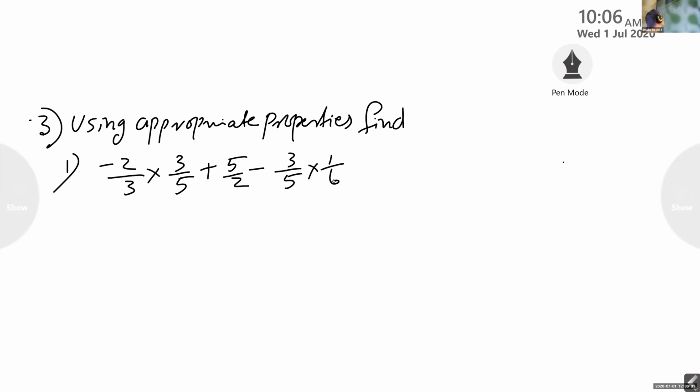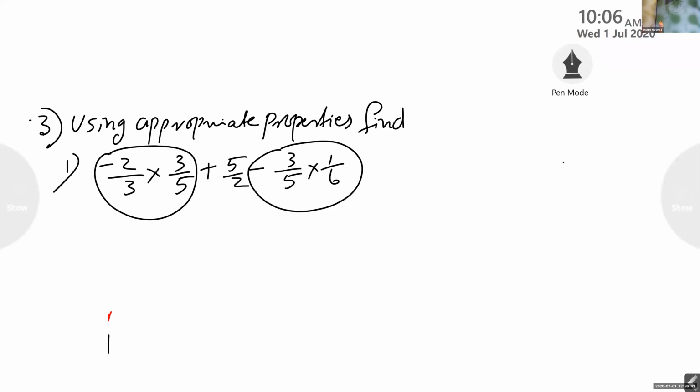We have to use some of the properties. Okay. All of you wrote the question? Yes, ma'am. Albert, did you write the question? Yes, ma'am. Okay. So you just see this term, the first term and last term contain 3 by 5 common, isn't it? 3 by 5 is common. Also, we know that addition is commutative. So we can collect those two terms together.